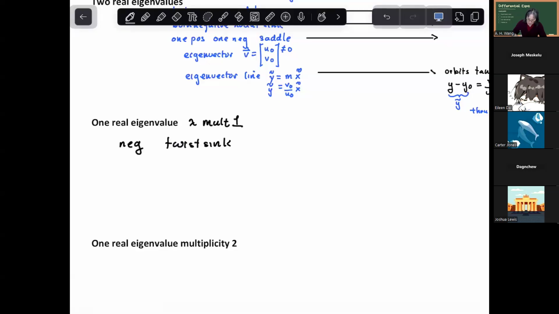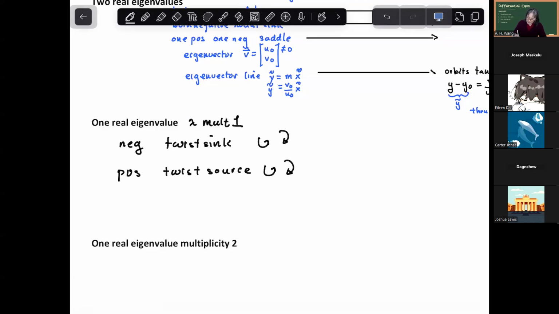If it's positive, this is a twist source. So please look at chapter 7 stuff. And then you have to figure out if it's counterclockwise or clockwise.